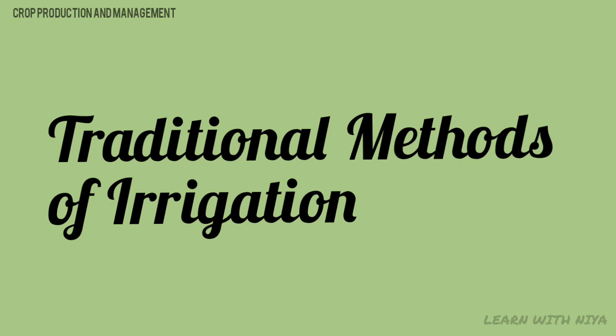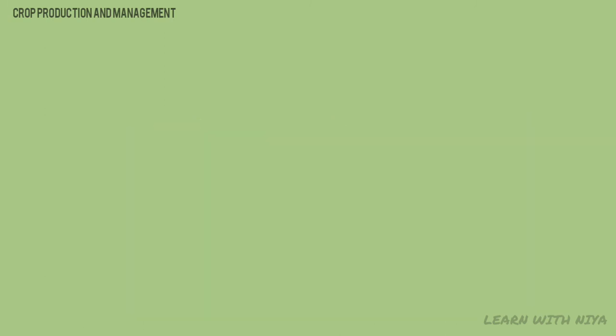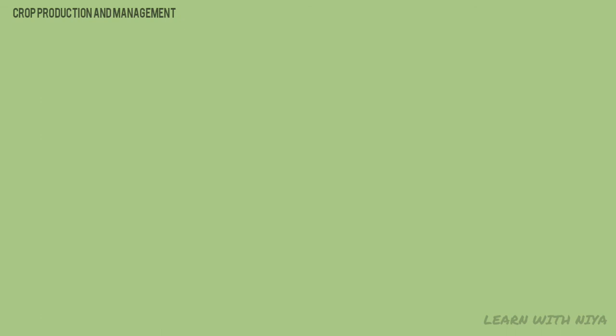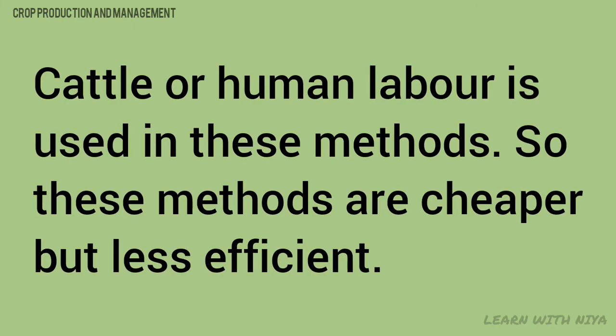Traditional methods of irrigation. The water available in wells, lakes, and canals is lifted up by different methods in different regions for taking it to the fields. Cattle or human labor is used in these methods, so these methods are cheaper but less efficient.